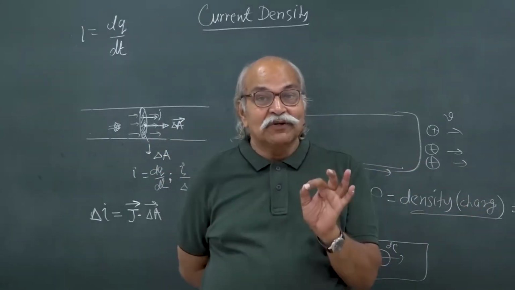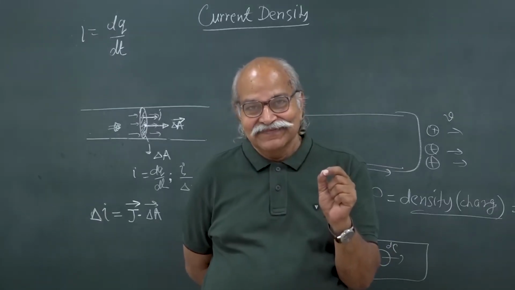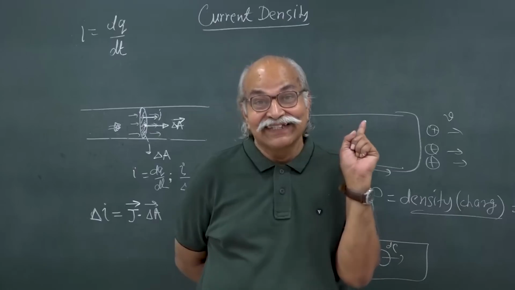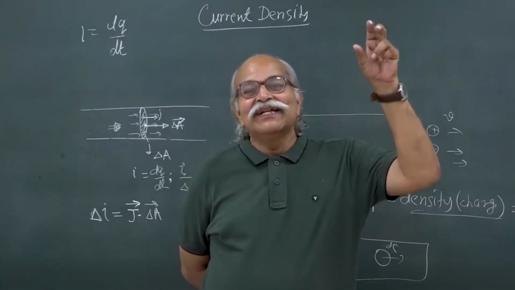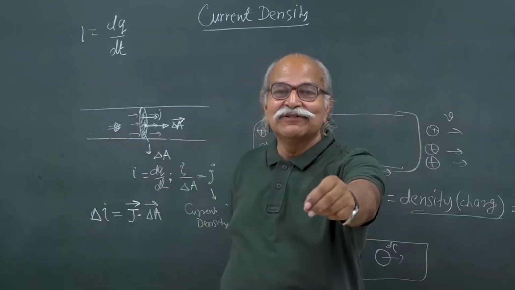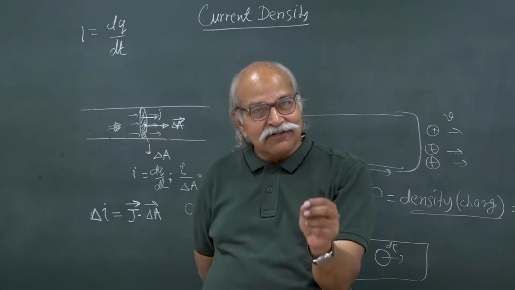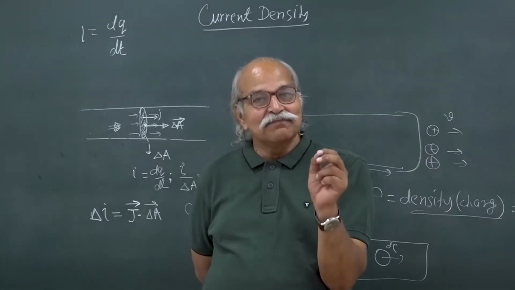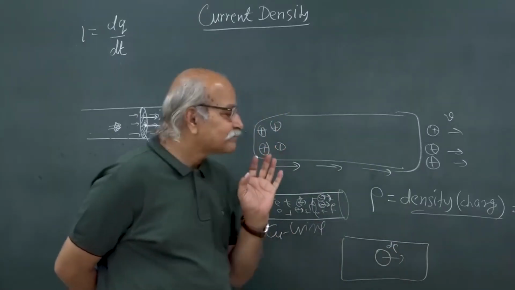We will not be talking of angstroms and nanometers, because then it will not be classical. This is classical electromagnetism. So whenever I say that I am taking a very small infinitesimal volume, we still are not talking in terms of angstroms or nanometers, at least micrometers. So, that is our small.